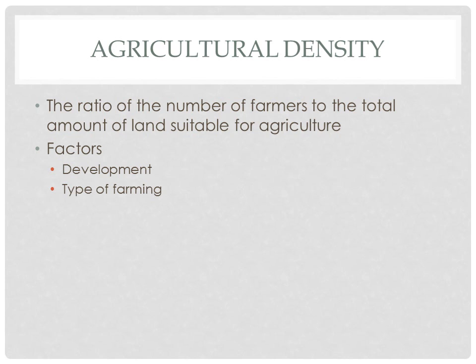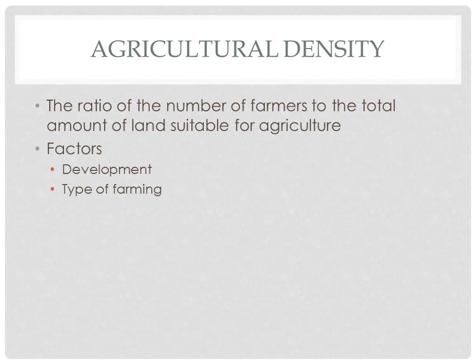The last of our three types of population density is agricultural density. And that is the ratio of the number of farmers to the total amount of land suitable for agriculture. That's arable land. So to complete our abridged formula, we're going to say that is farmers over farmland.